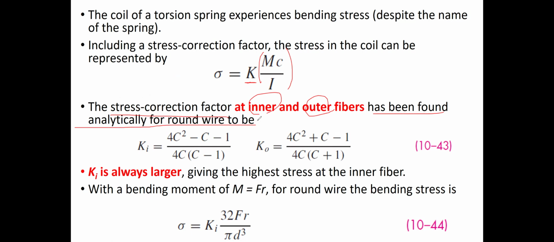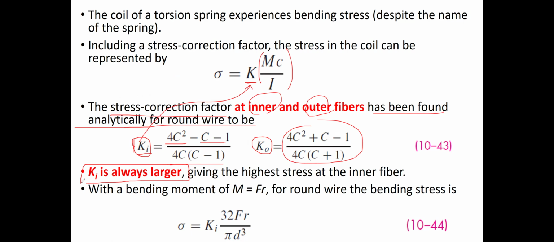Therefore, for Ki, where i means inner, Ki equals (4C² − C − 1) over 4C(C − 1). And Ko represents the outer fiber; the correction factor of the outer fiber equals this term. And Ki is always larger.